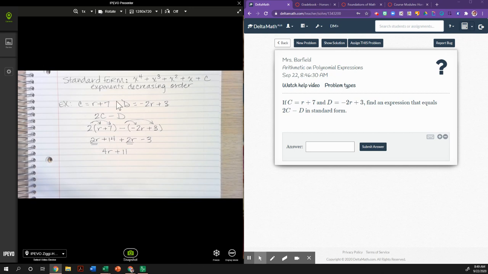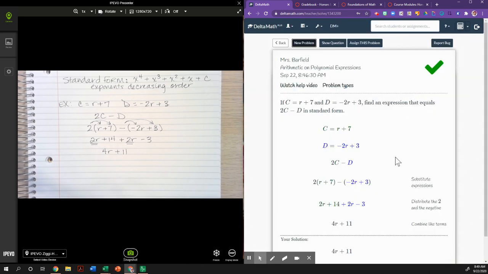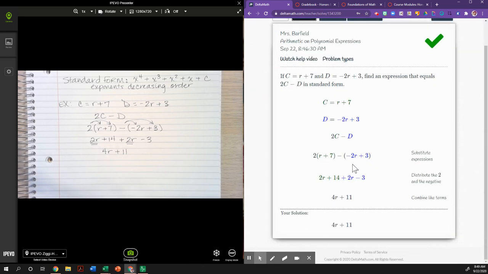Okay? All right, and it's in standard form because my variable has come first. So 4r plus 11. Submit my answer. Yes. Okay, and you can see here, same idea, and they just color coded it. I usually use my colors as well, but I forgot.